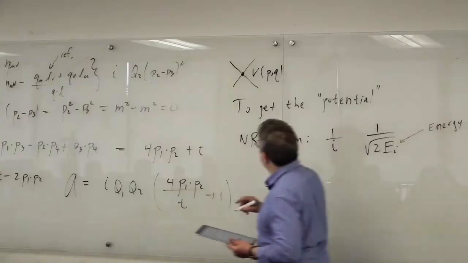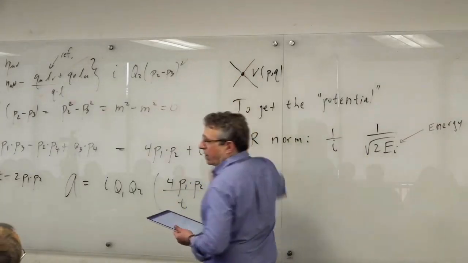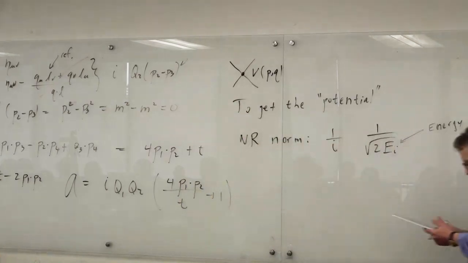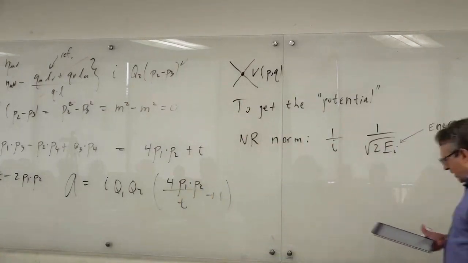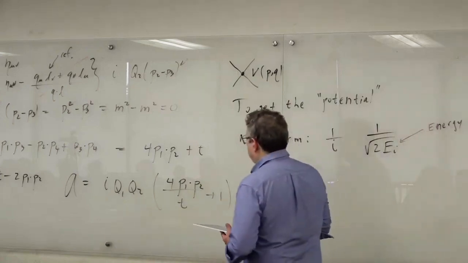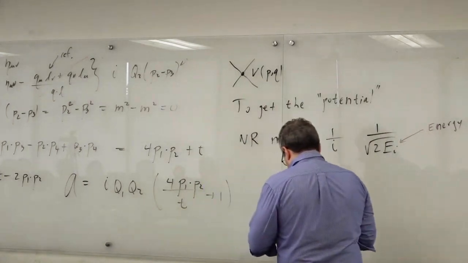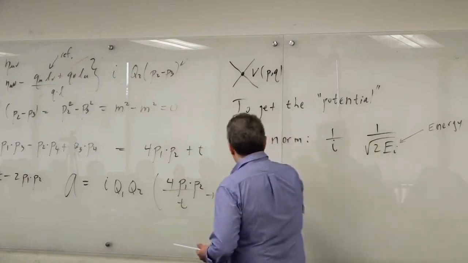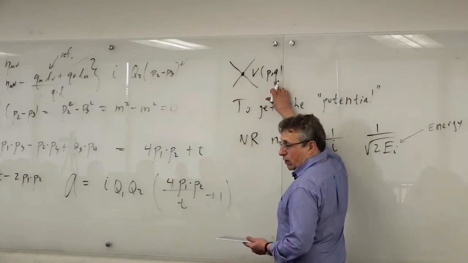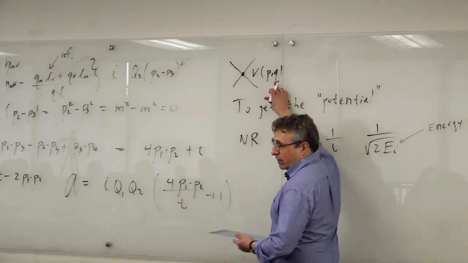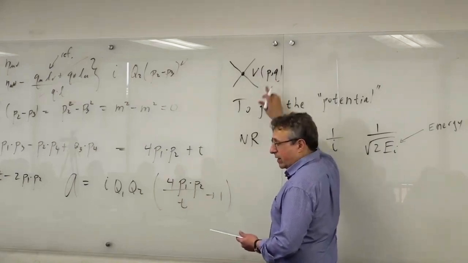And that's for each one of these 4 external legs. Okay? And if you let me gloss over that point, then we're good to go because we now have the potential. But we have it Fourier transformed. So in order to connect to Newton, we just have to do the Fourier transform. So let's go ahead and do that.